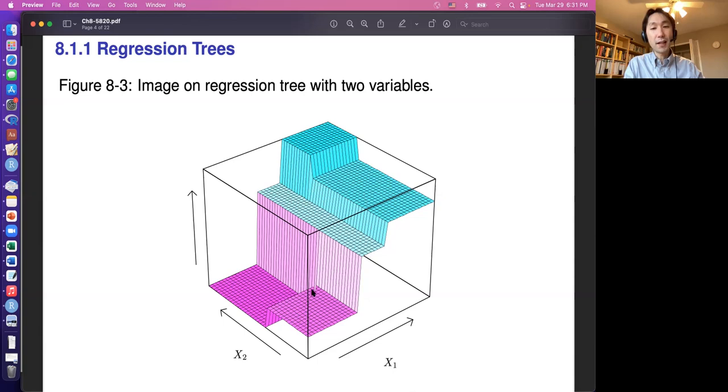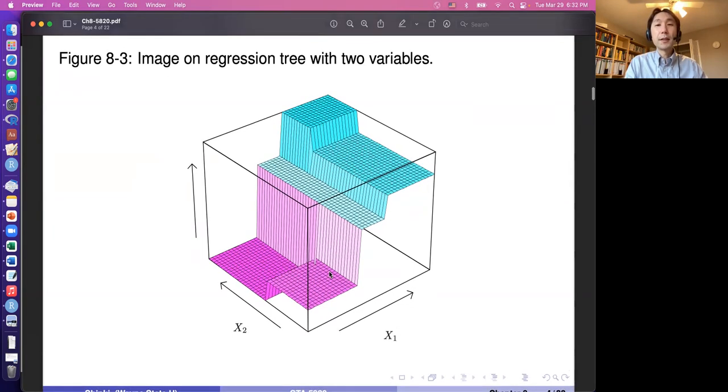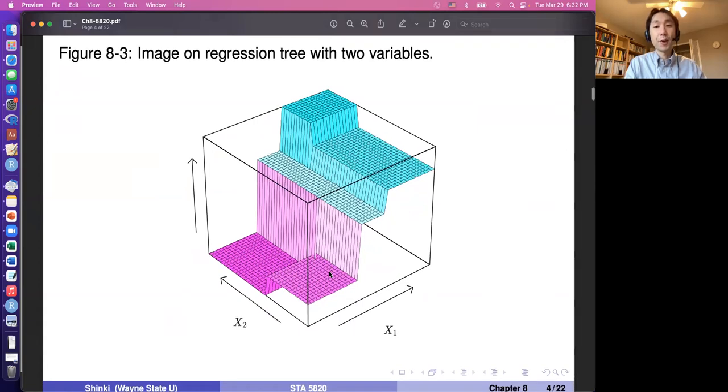And maybe the third one is by x2, splitting the slightly thicker pink and the slightly brighter pink, so here and here. And finally, maybe we split this by x2, but of course this is a different x2 value here and here and here. It seems the colors are the same. So we have 4 splits, and we have basically 5 regions. So this is one example of a regression tree with 2 variables.